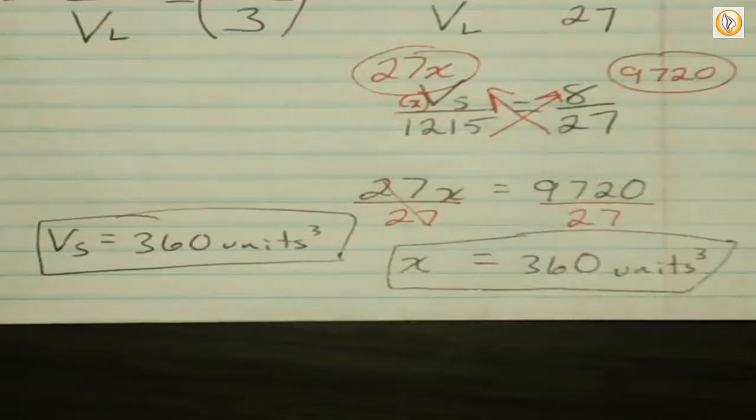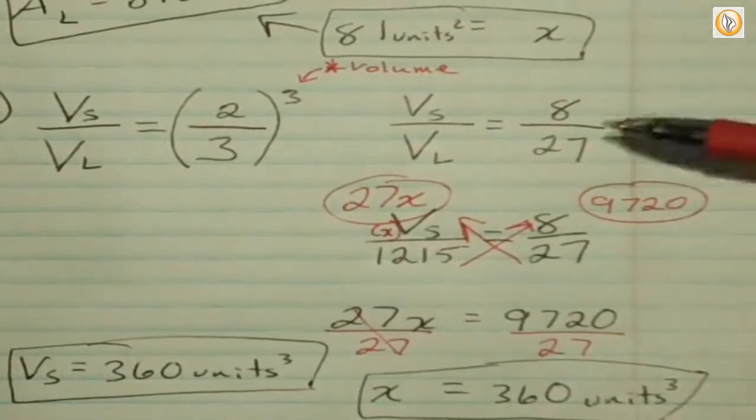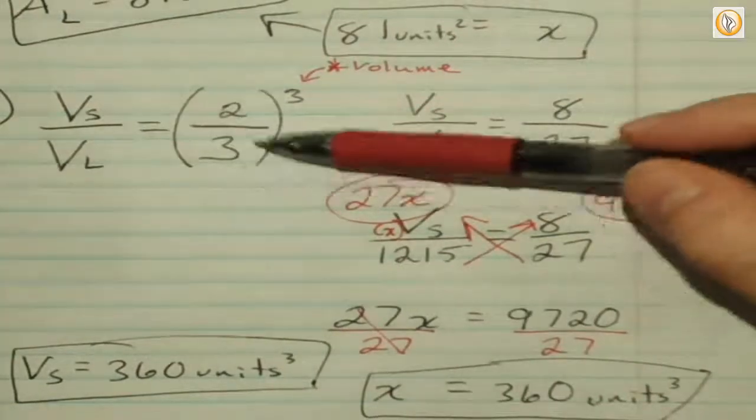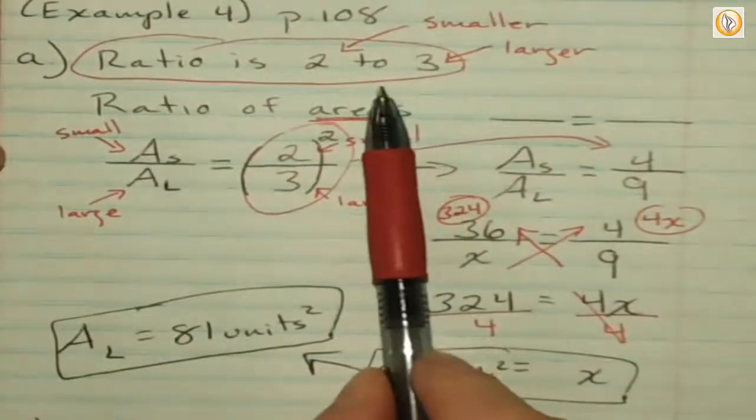I still don't get what I didn't understand earlier. It says to cube or square, whichever, for volume. You're only cubing or squaring the ratio. And the ratio at the beginning says 2 to 3.